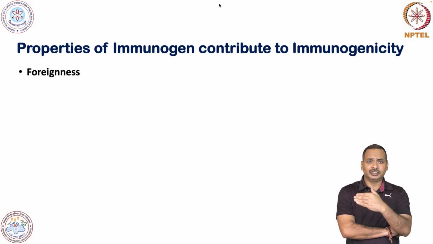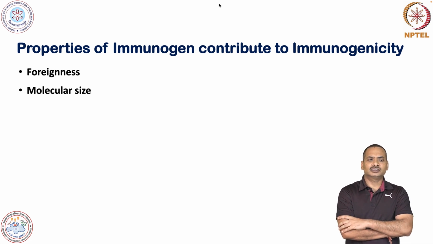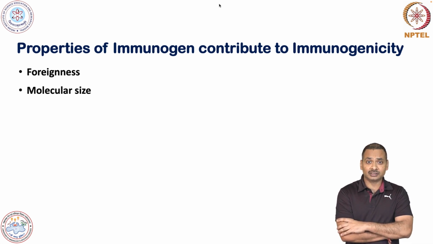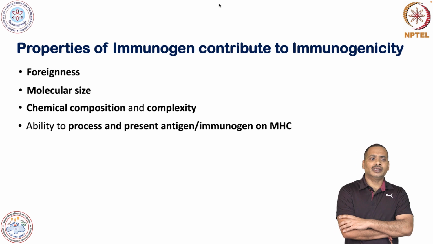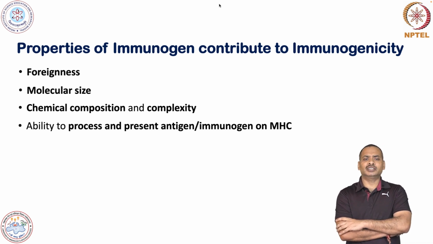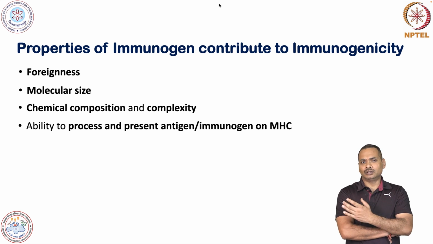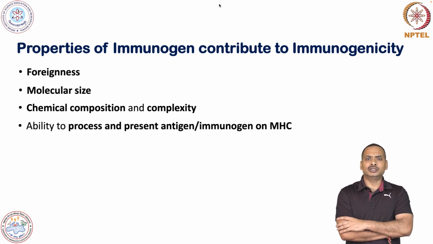I will explain each property in more detail. First is foreignness, second is molecular size, third is chemical composition and complexity, and the fourth is the ability to process and present the antigen or immunogen on MHC.